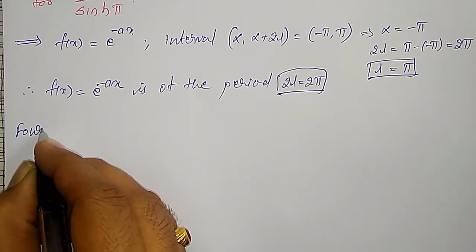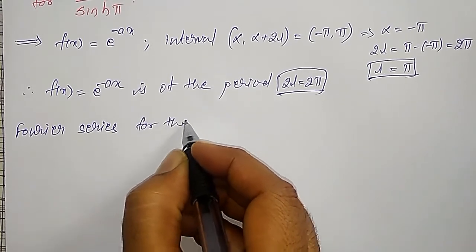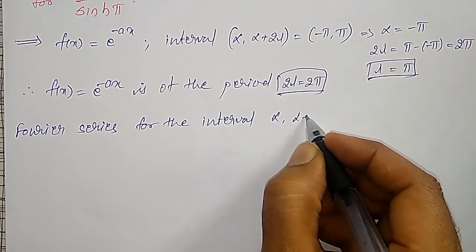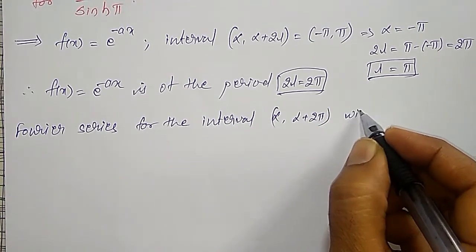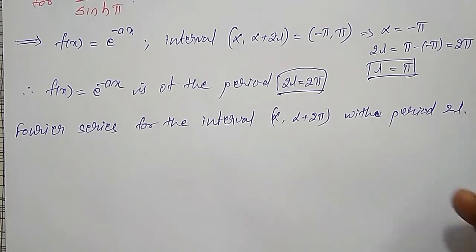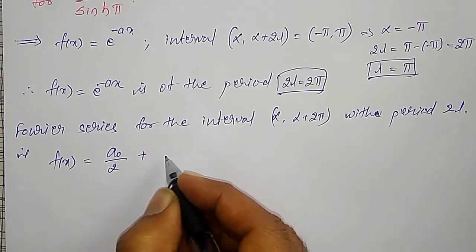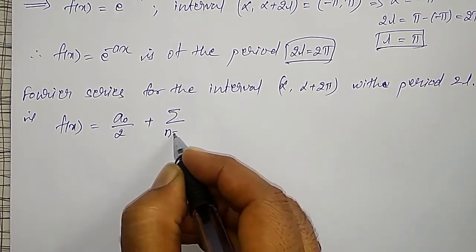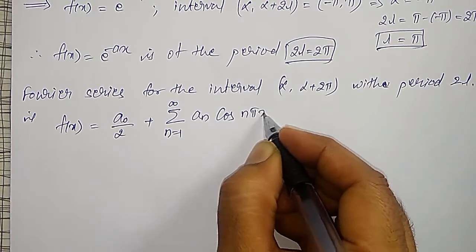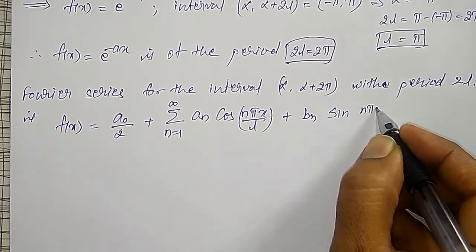The Fourier series for the interval alpha to alpha plus 2l with period 2l is f of x is equal to a naught divided by 2 plus summation n equal to 1 to infinity an into cos n pi x divided by l plus bn into sin n pi x divided by l.